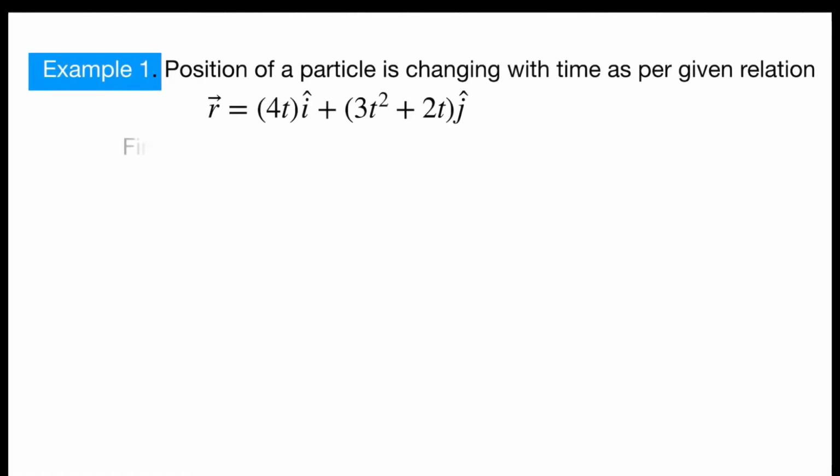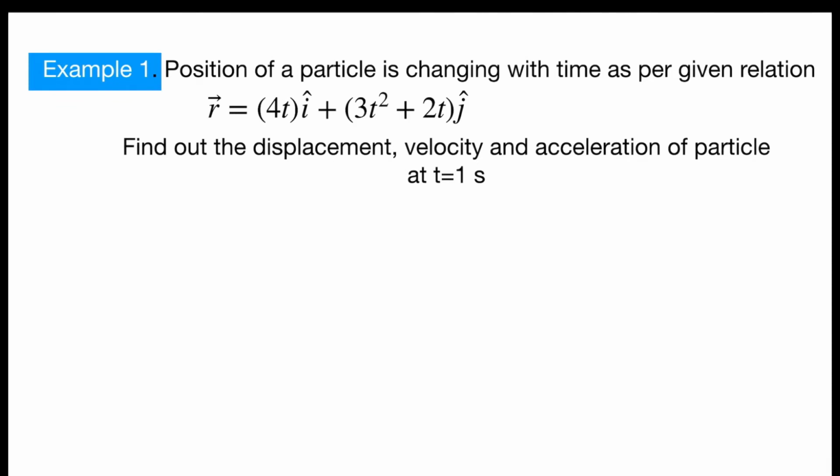Example 1. In this, the position of the particle is a function of time, and we have to find out the displacement, velocity and acceleration at time t equal to 1 second. We know the position vector can be represented in the form of its components.